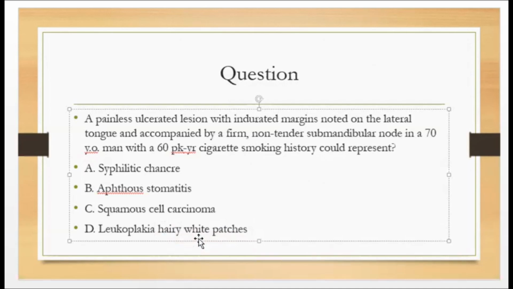But even if you don't know what carcinoma is, carcinoma is cancer. Anything cancer usually is painless. Anything cancer is usually firm. Firm is the buzzword. Firm, non-tender, meaning it's not painful. And there is always induration, indurated margin.